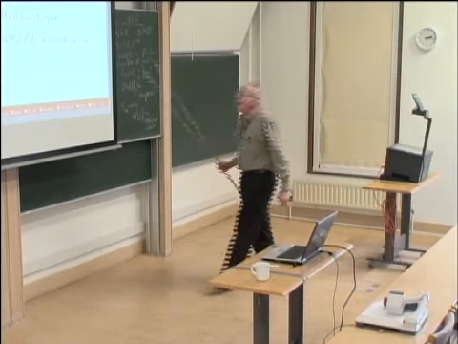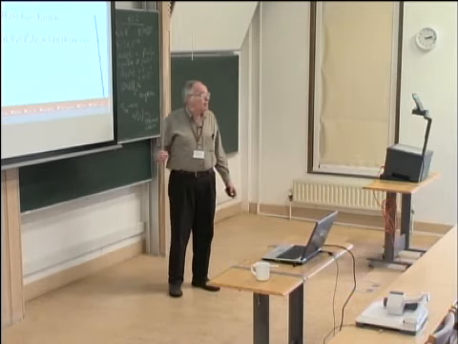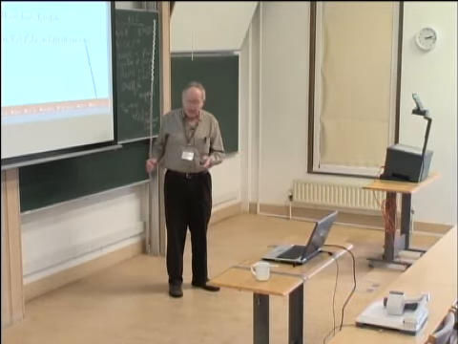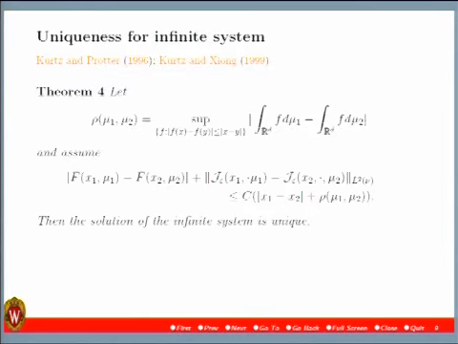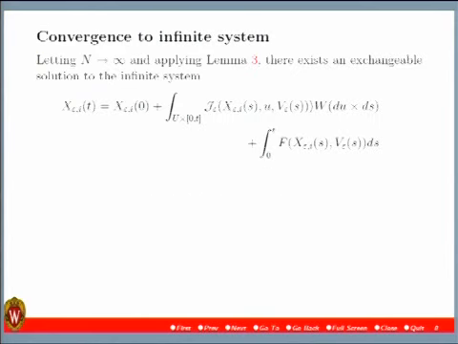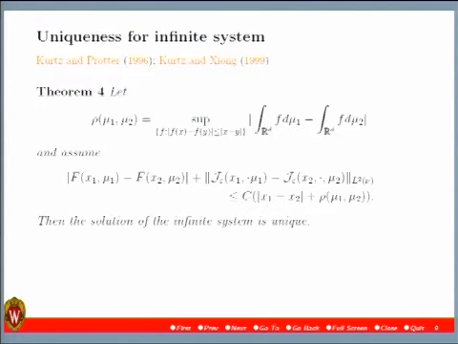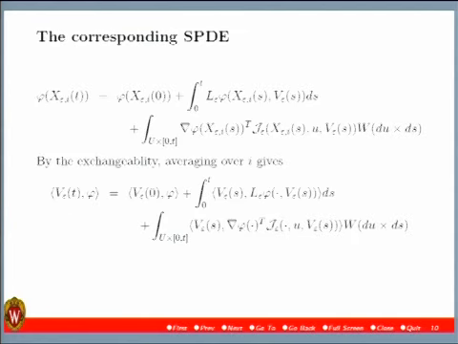Okay? And so this is exactly what I mean by a particle representation, and that is that the solution of this infinite system gives me, in this sense, a representation of the solution of this process.